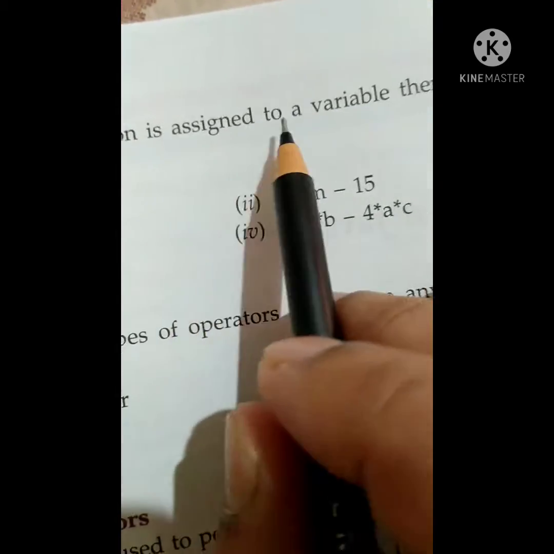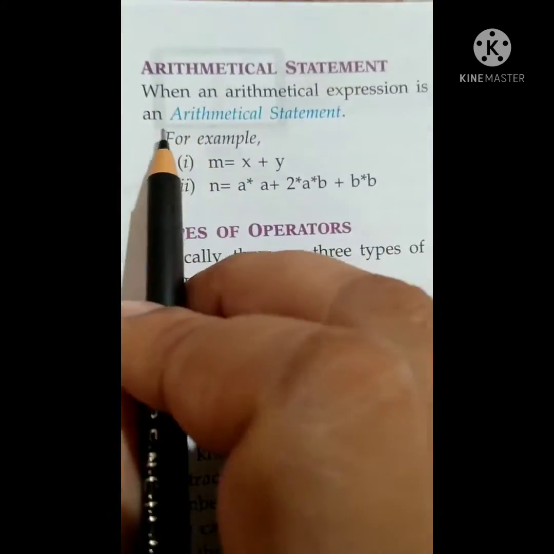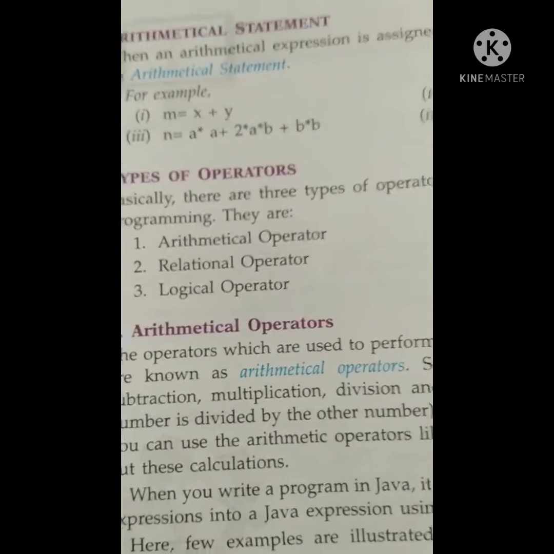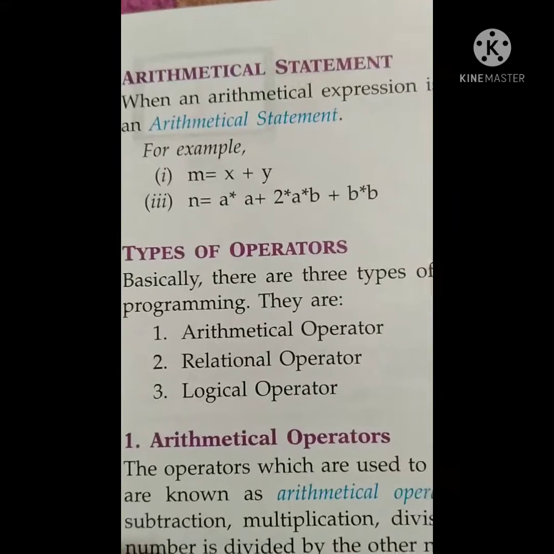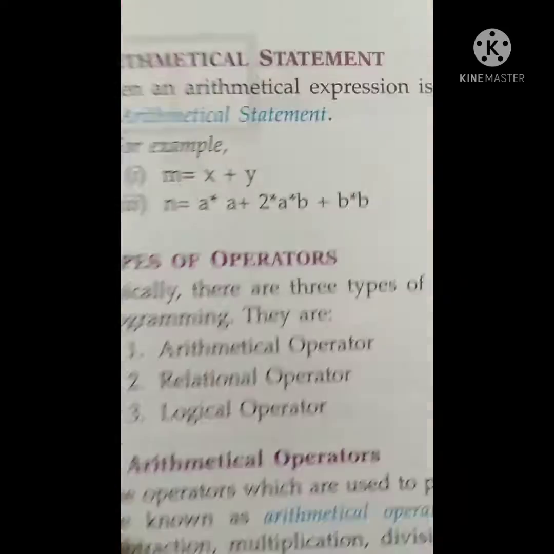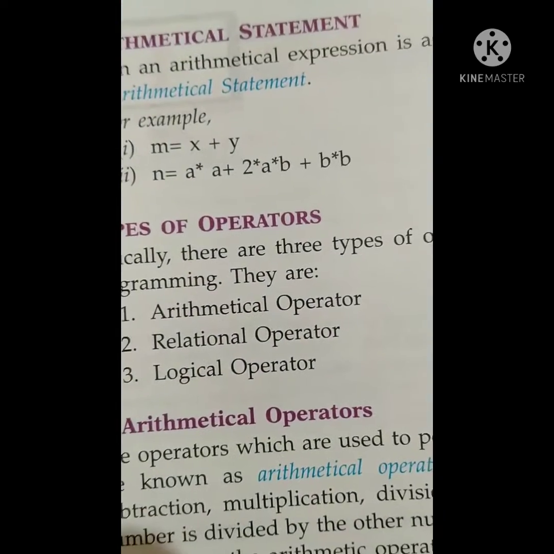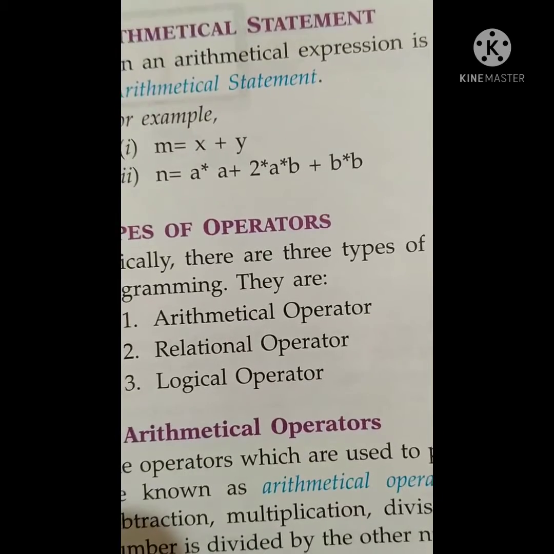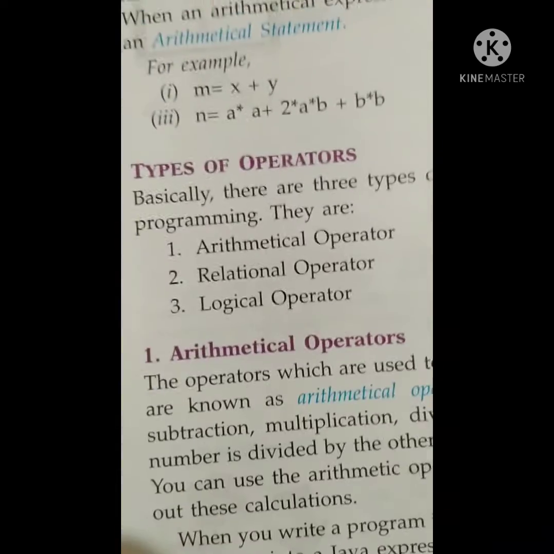When an arithmetical expression is assigned to a variable, then it is known as an arithmetical statement, okay. There is a minor difference between statement and expression. In a statement you will get an assignment operator which stores the value in a particular variable, but in an expression there will be no assignment operator and no value will be stored in any variable. That is called an expression.